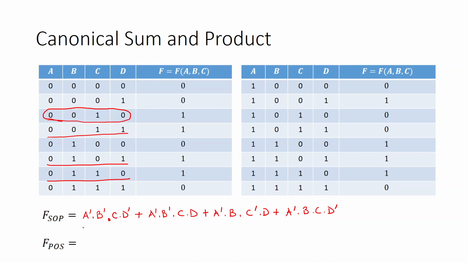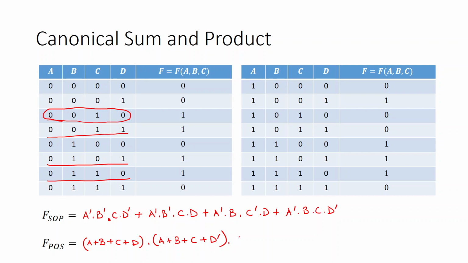And what would be the POS? If you want to write the POS, you have to note down where the zeros are, and then write down some terms, add them up and multiply them. So the normal sum terms are this, and A or B or C or D dashed, right?